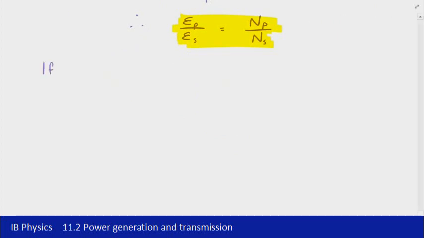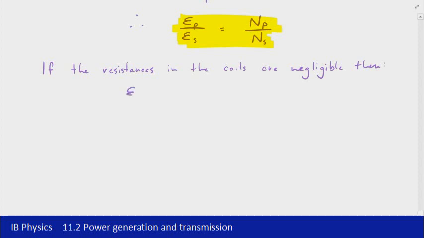If we look at the resistance in the coils, if those resistances are negligible, then what we can say is that the EMF that's produced in both the secondary and primary coils is related to the peak voltage.